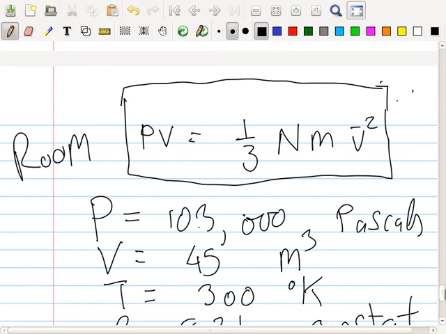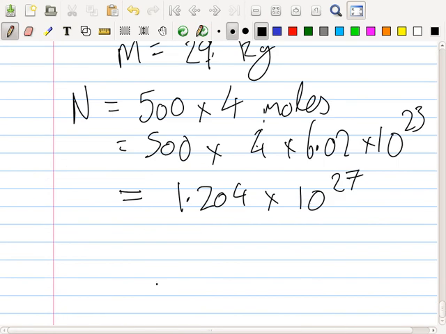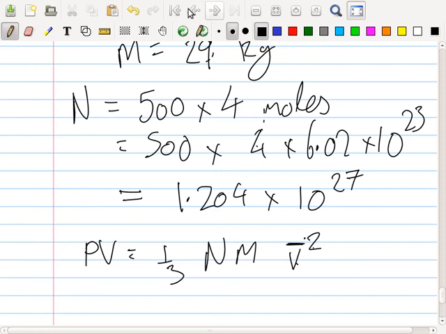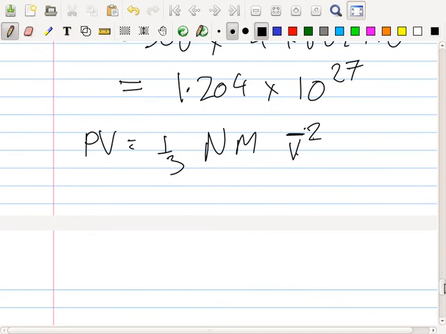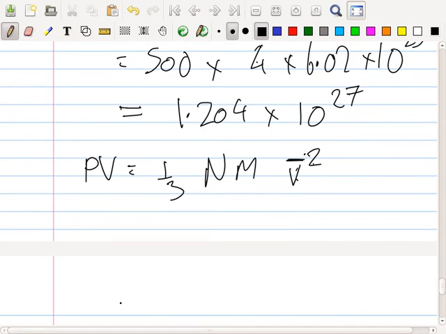Okay, let's go to this formula. PV equals 1/3 nm v average squared. Sorry, I don't want to use this symbol to confuse you. I need to put these numbers in. What are we trying to get? The v. Right.